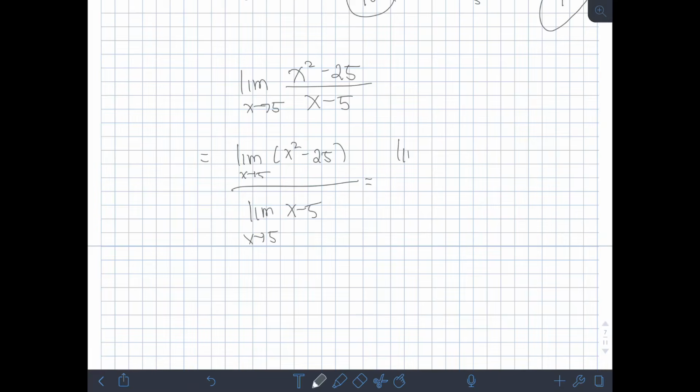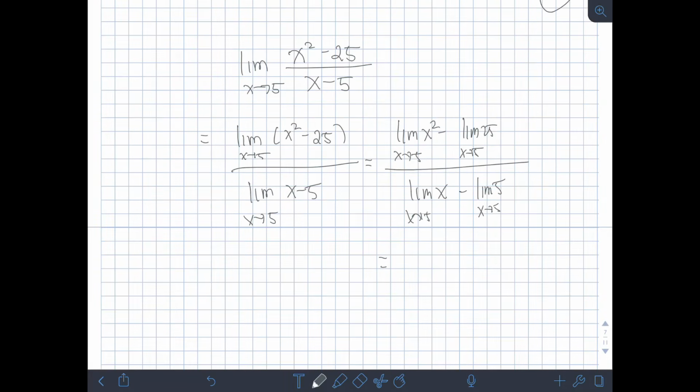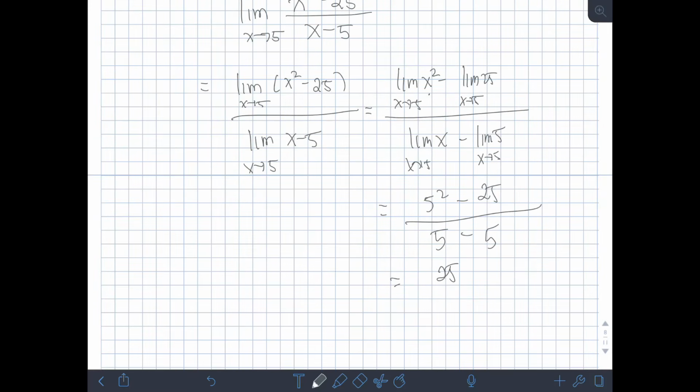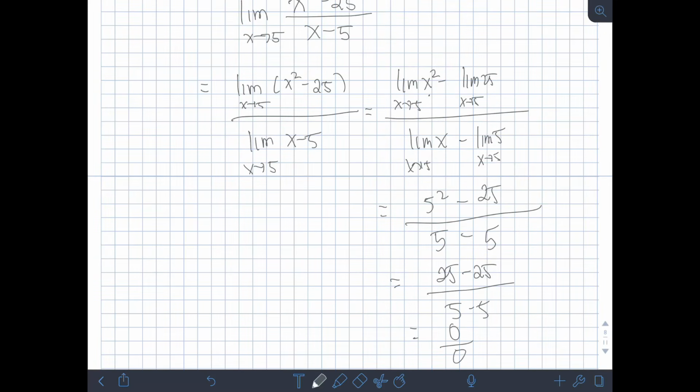So, parang limit of x squared minus limit of 25 as x approaches 5 over limit of x minus limit of 5 as x approaches 5. So, we have limit of x squared as x approaches 5 is 5 squared minus limit of 25 as x approaches 5 is 25 over limit of x as x approaches 5 is 5 then minus limit of 5 as x approaches 5 is 5. So we have 5 squared or 25 minus 25 over 5 minus 5. So we have 0 over 0.